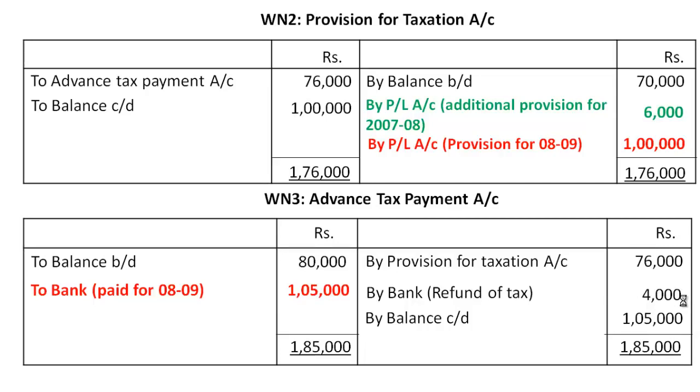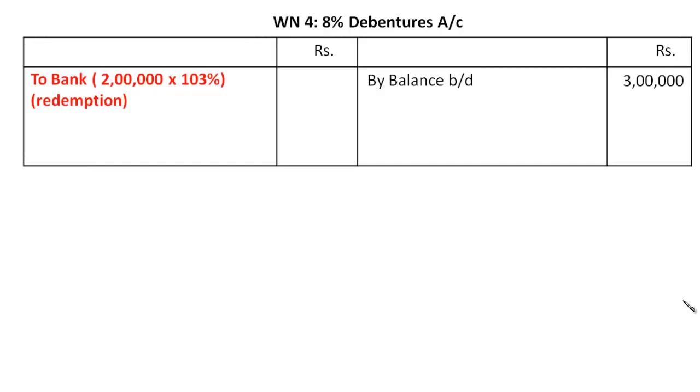Next we'll move on to the next working. We'll have a working note for debentures. Why we need a working note for debentures? Because there was some redemption, we should factor them. So what was the opening balance? Opening balance was 3 lakh. There was a redemption of debentures at 3% premium. So this 3 lakh debenture, of which 2 lakh has been redeemed, because the closing balance says it was 1 lakh.